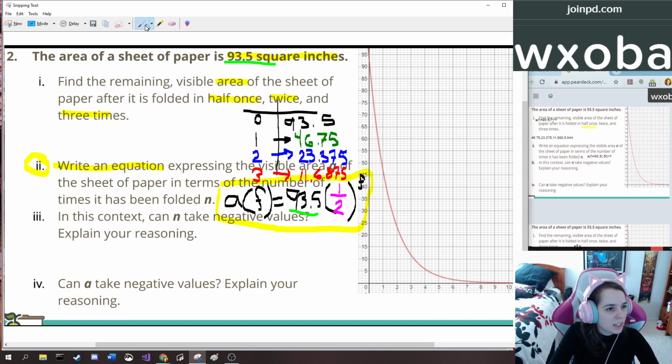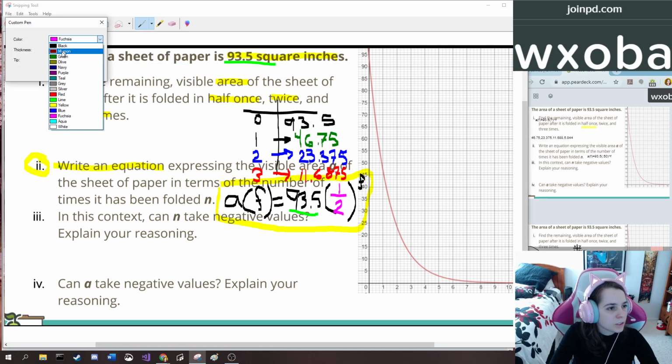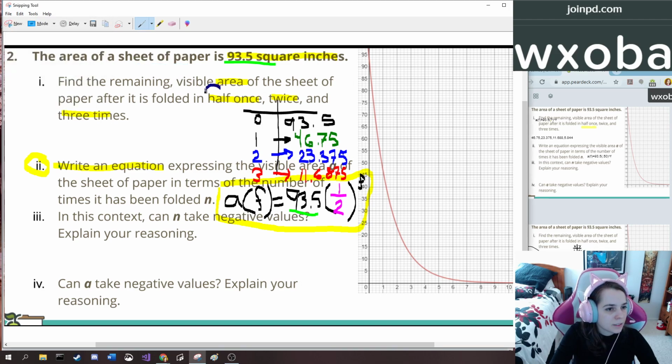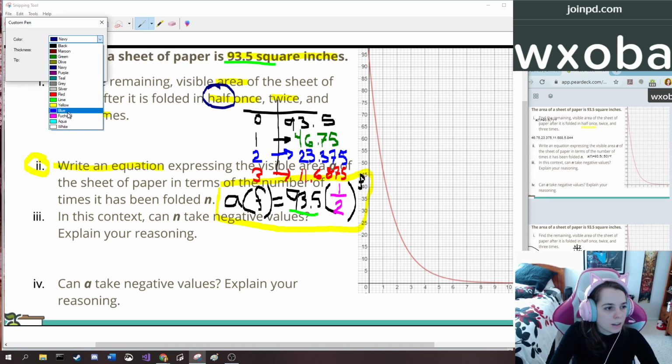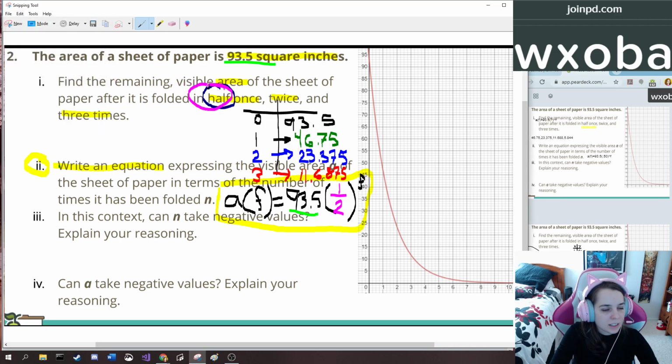The key thing here was the word half. This is what told us about what our rate was going to be. This half here lets us know that our area is changing by 1/2 each time. It's decreasing.